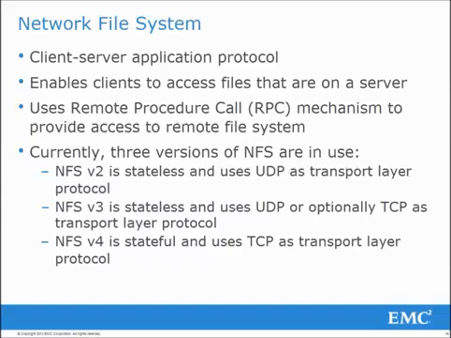Network File System. Network File System, or NFS, is a client-server protocol for file sharing that is commonly used on Unix and Unix-like systems. NFS was originally based on the Connectionless User Datagram Protocol, or UDP. It uses a machine-independent model to represent user data.